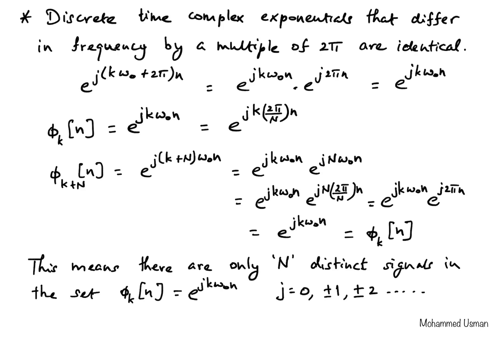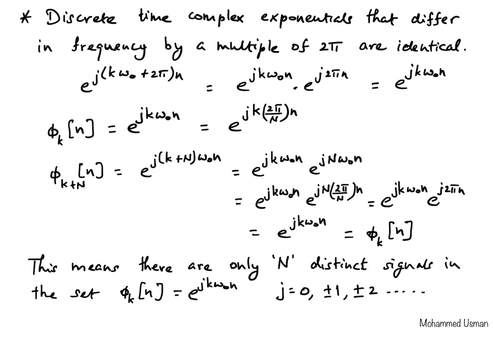All the others are repetitions of one of these n distinct signals. That means even though the set is of infinite size, only n complex exponentials in that set are different from each other. All the others will be replicas of one of these n components.